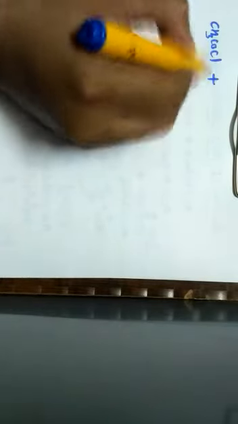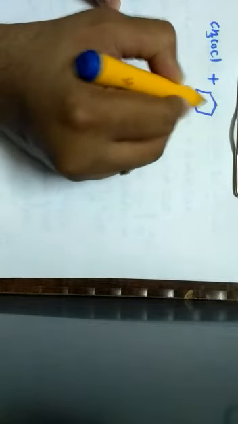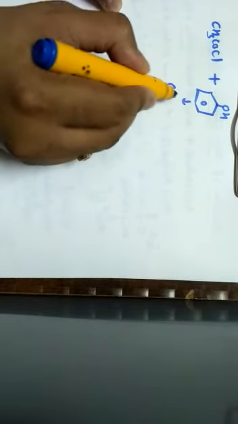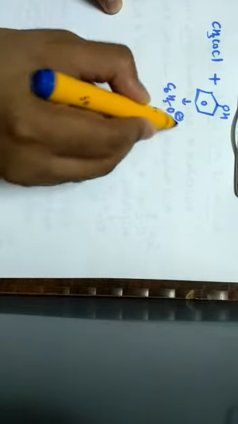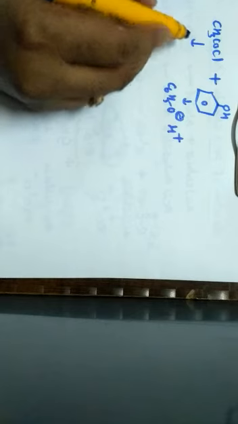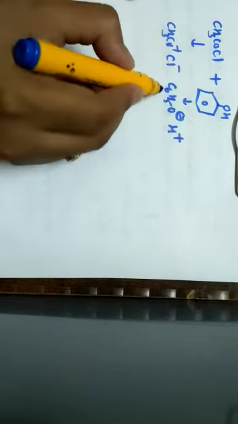So when the same acid chloride, that is CH3COCl, or acetyl chloride, is made to react with phenol, we know that phenol ionizes as phenate ion, that is C6H5O minus and H plus. This acid chloride again ionizes as CH3CO plus and Cl minus.